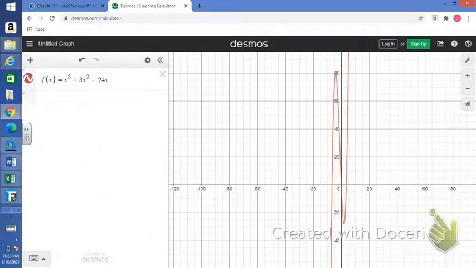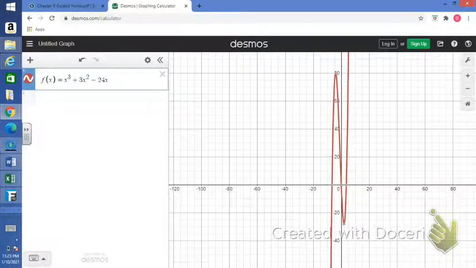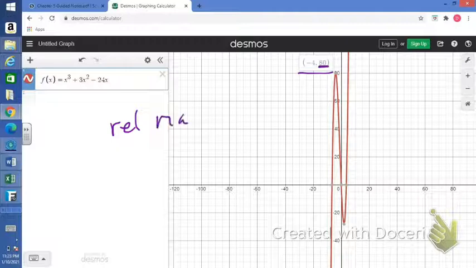So we're going to go over, and you're just going to literally click on the point, and it tells you, I don't know if you can see the screen, negative 4, 80. Okay. Now the relative maximum is going to be the y coordinate of that. So the relative max is equal to 80.